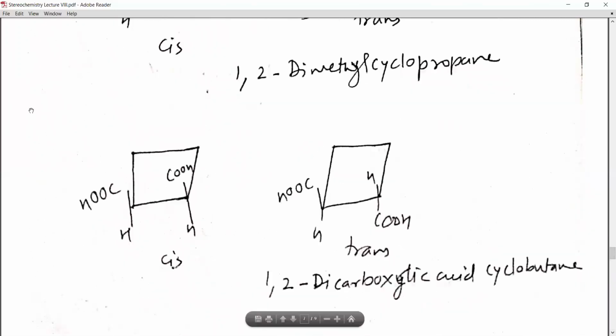In this molecule, 1,2-dicarboxylic acid cyclobutane, the carboxyl groups are on the same side, both above the plane, so it will be named cis, whereas in this molecule, both carboxyl groups are on opposite sides, so it will be referred to as trans.